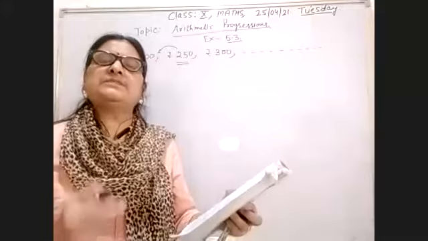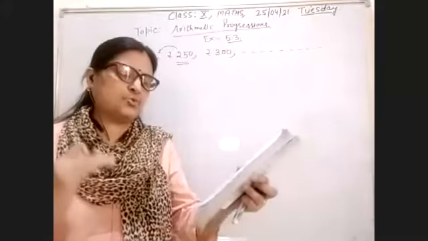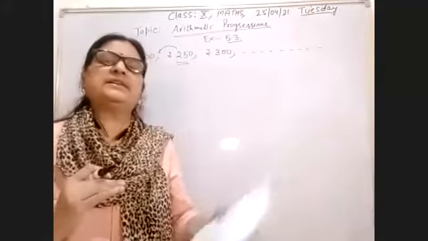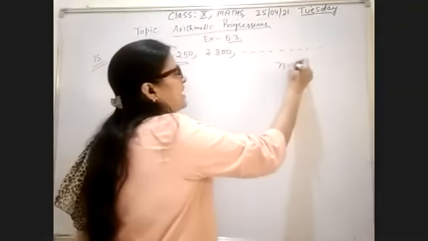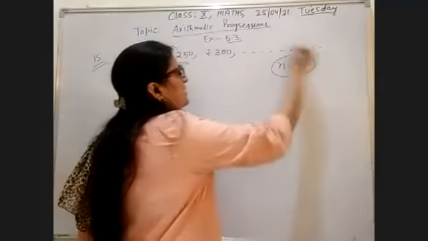In total, how much penalty does the contractor have to pay if he has delayed the work for 30 days? In this question, you are given n equal to 30 days.